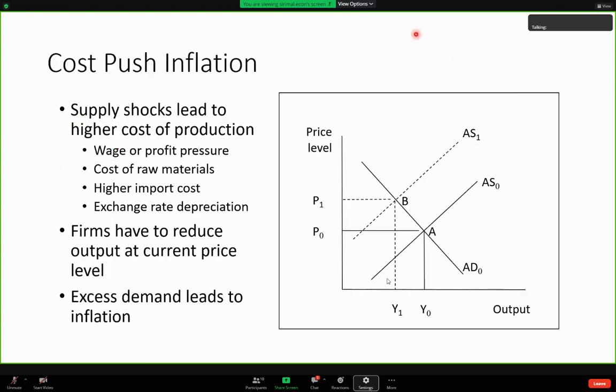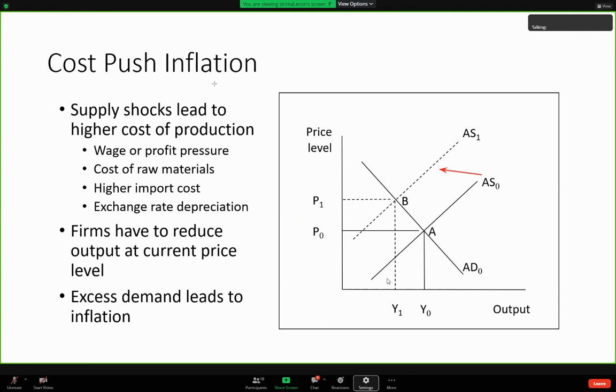Cost push inflation, the other one. Cost push inflation means the cost of production increases so that the producers lower the output.